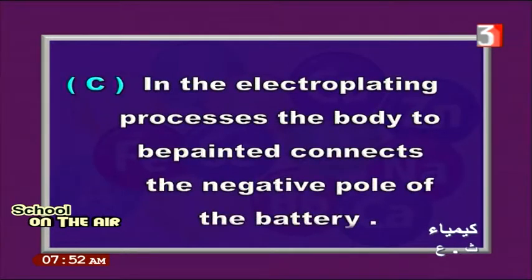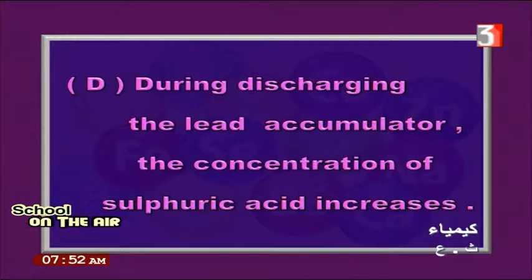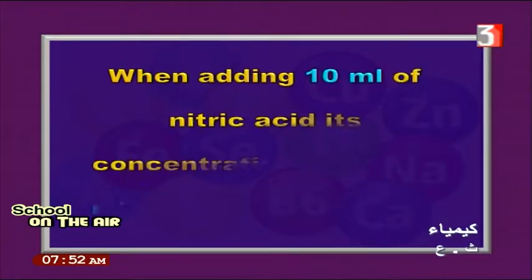In the electroplating process, the body to be plated is connected to the negative pole of the battery. All of these are right. But during discharge of a lead accumulator, the concentration of sulfuric acid does not increase as the statement says, so this is the incorrect answer of these statements.